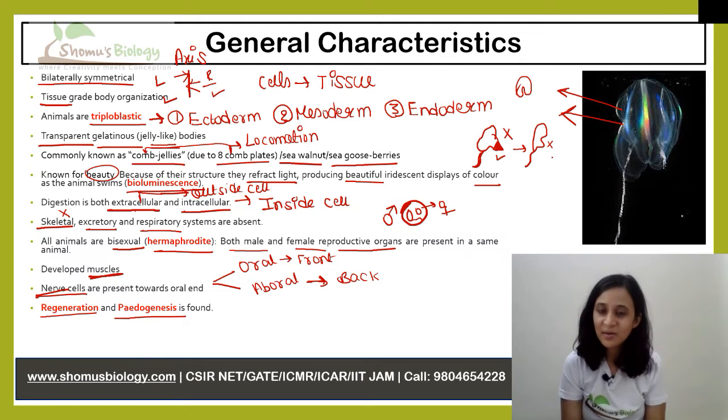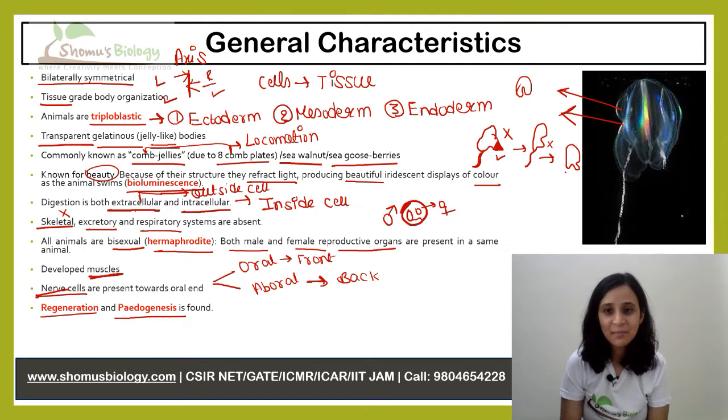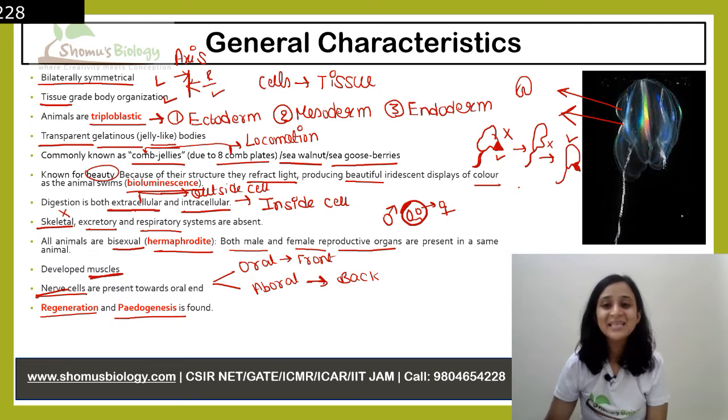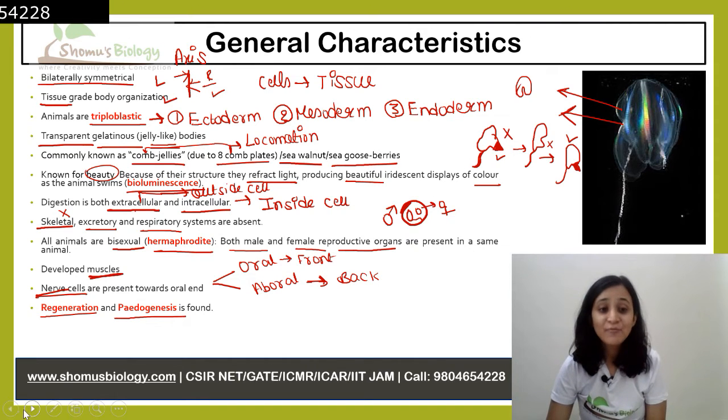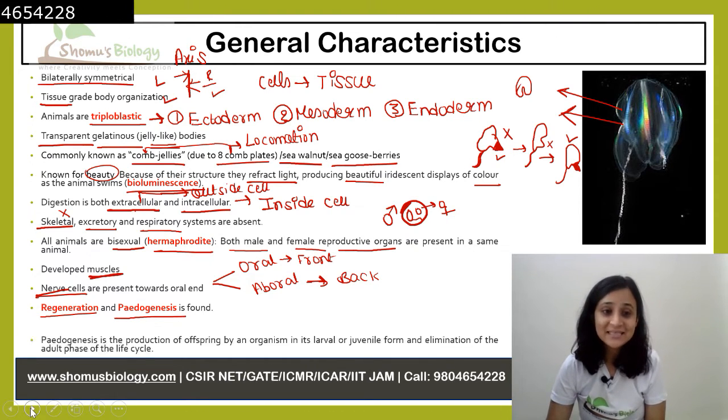It doesn't have this part. And because of the regeneration process, again they will develop that missing part. So now that missing part is developed again here. This is called regeneration. And what is pedogenesis?